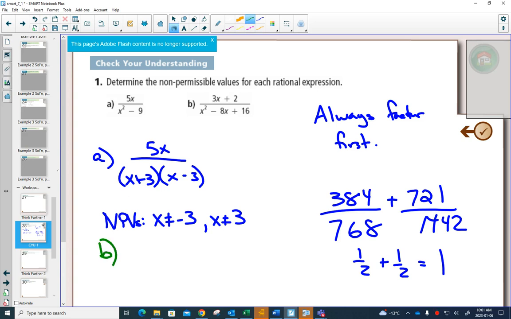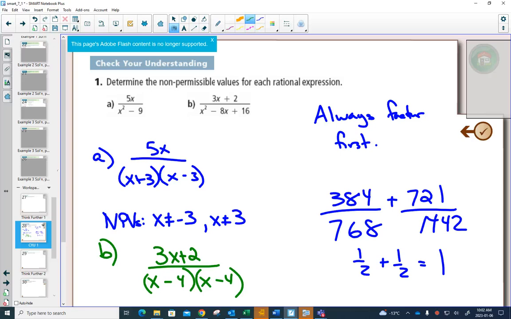For part B, if I factor the bottom, I get x and x. To get 16 would be 4 and 4. Both would be negative to get +16, and both would need to be negative so that you get -8. Every time you factor, your brain should quickly multiply it out after you factor.